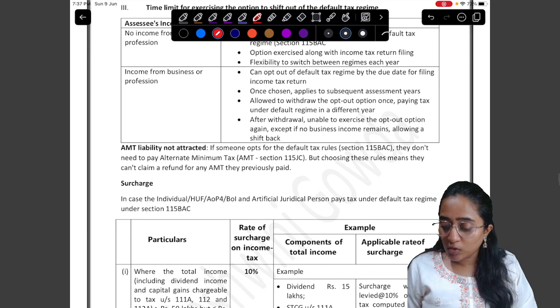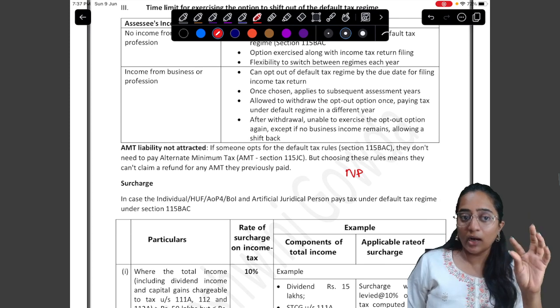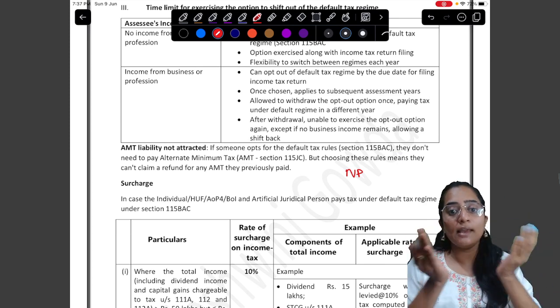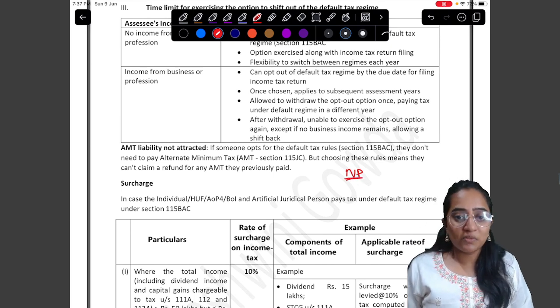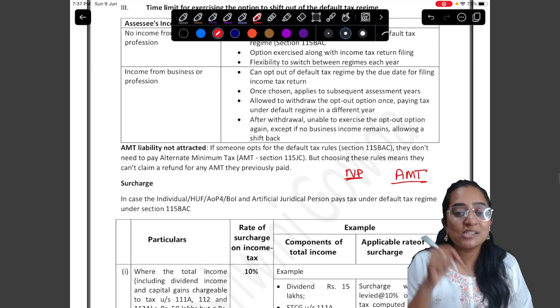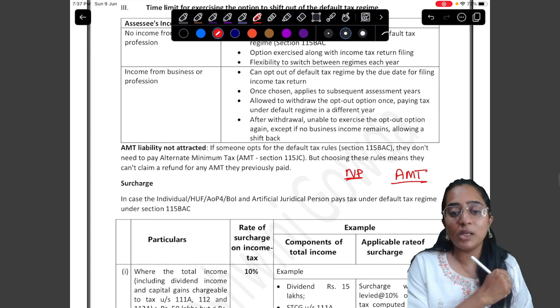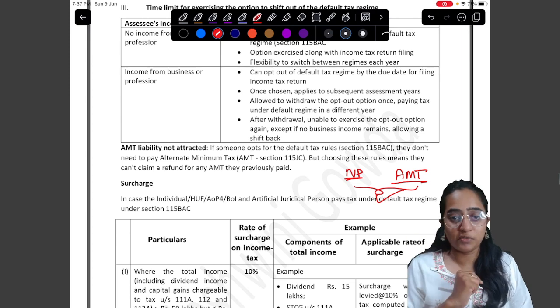If you are opting for the normal provisions, I'm just giving you an idea regarding AMT, I'm not speaking entirely about AMT here. You have to compare with the tax liability coming as per AMT. Whichever is higher, you have to pay the tax as per that provision.